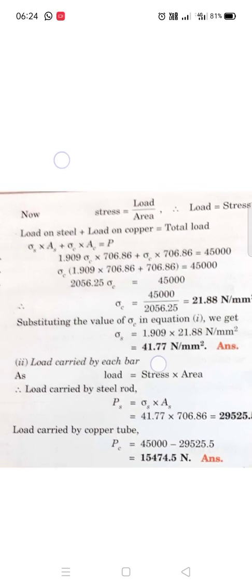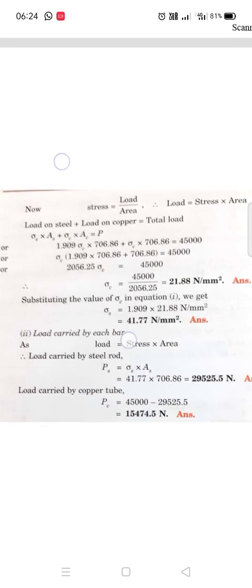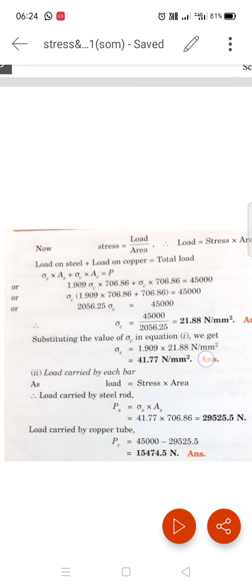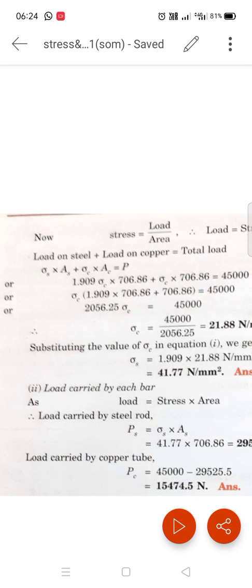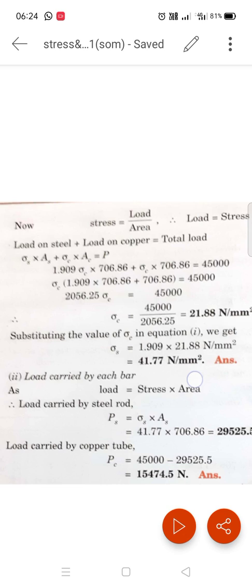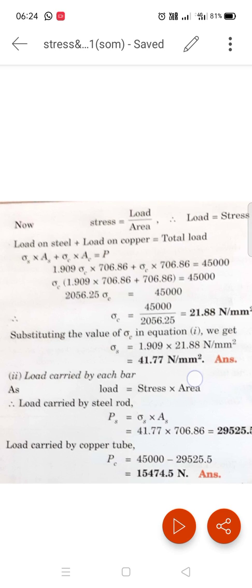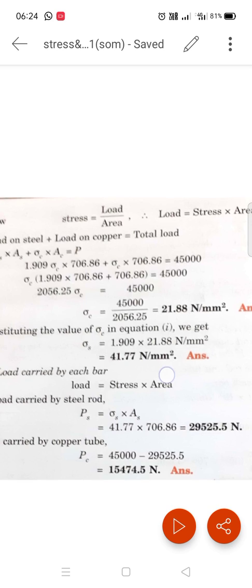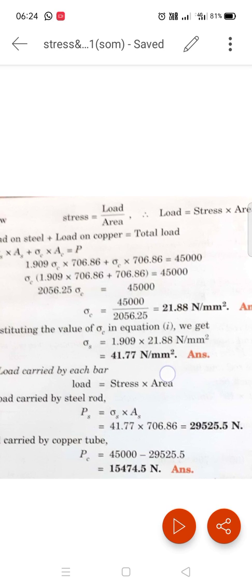Now stress is equal to load divided by area, so load is equal to stress into area. Load on steel plus load on copper is equal to total load. So rho S into A_S plus rho C into A_C is equal to P. So 1.909 rho C into 706.86 plus 706.86 rho C is equal to the total load, 45,000.